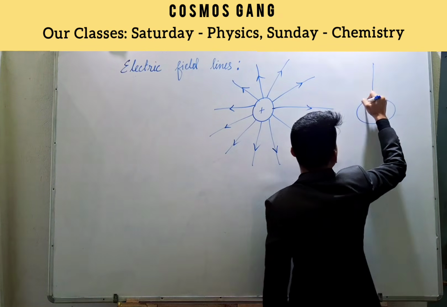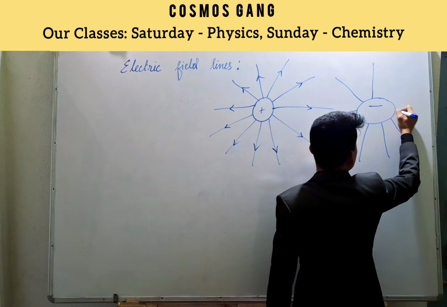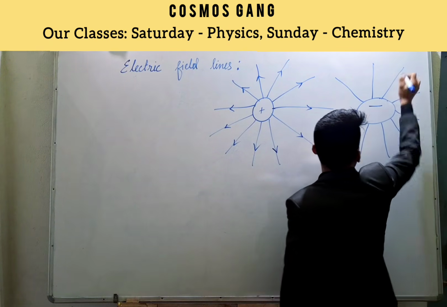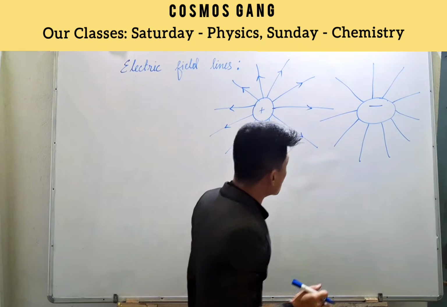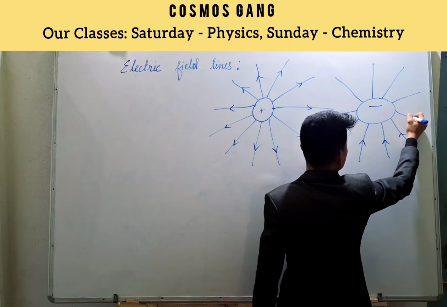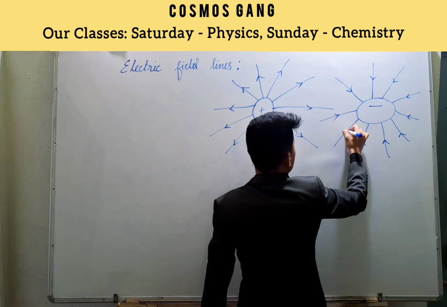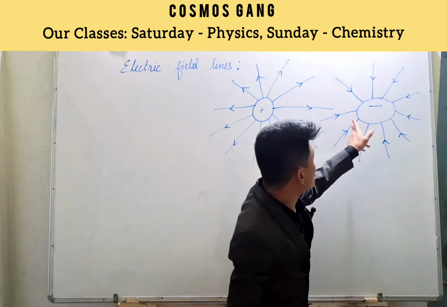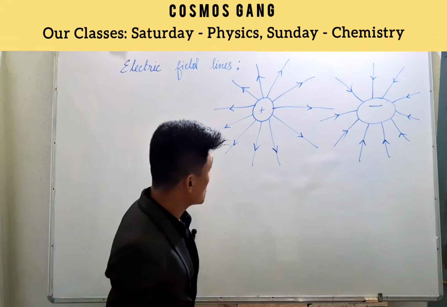Similarly, I can take a negative charge here. I can draw straight lines around the negative charge, and I know that the electric field in a negative charge is directed inward. So this line represents my electric field lines for a negative charge.